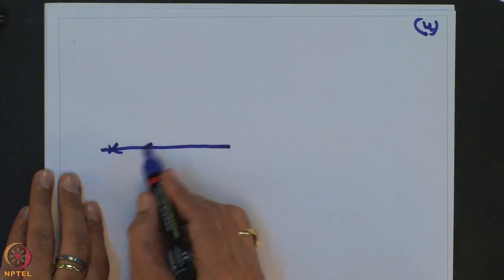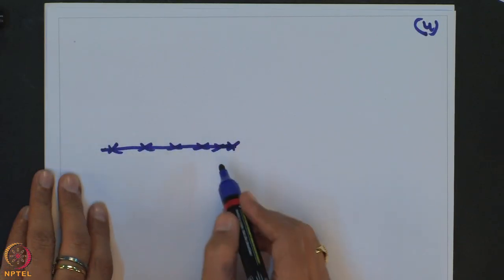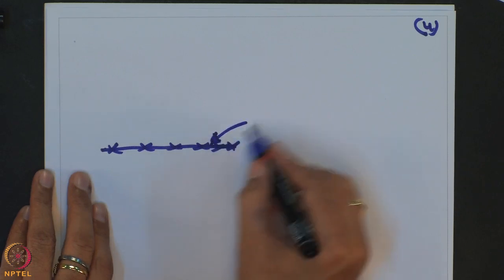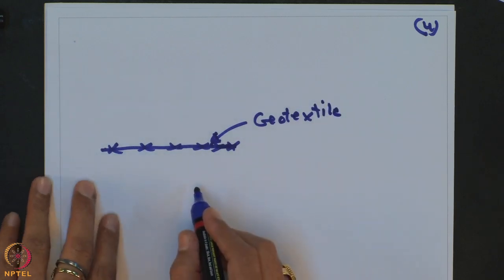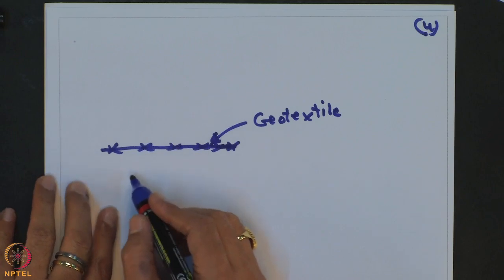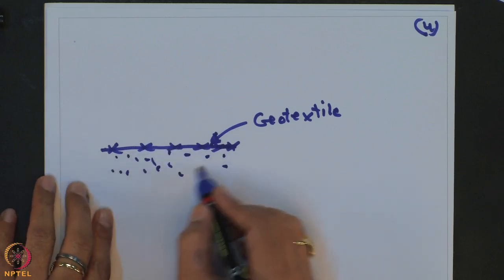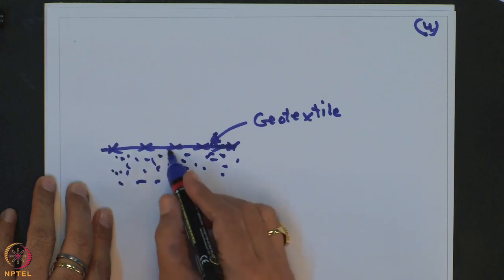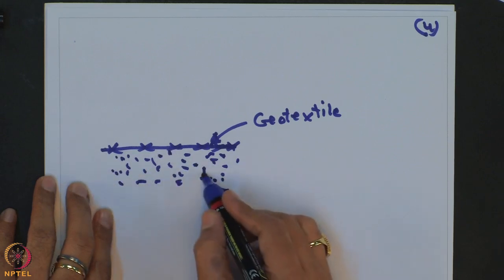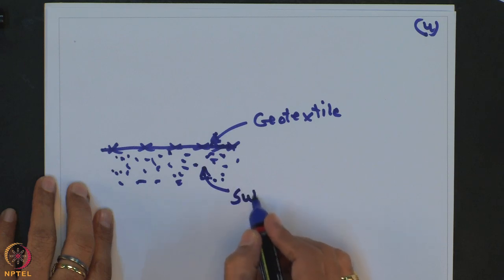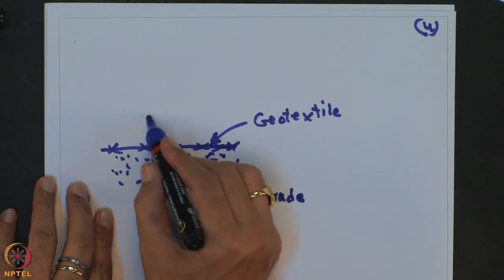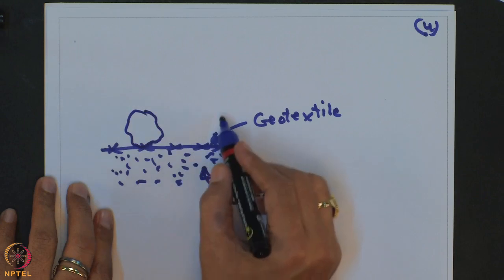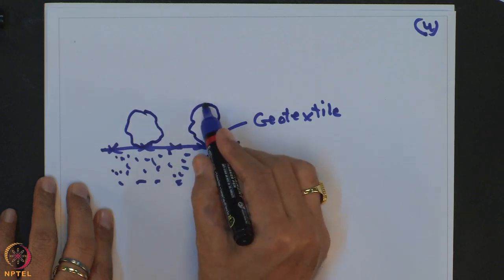Let us say this is one layer of the geotextile material, okay. And these are the subgrade. And these are the stone, these are also stone.